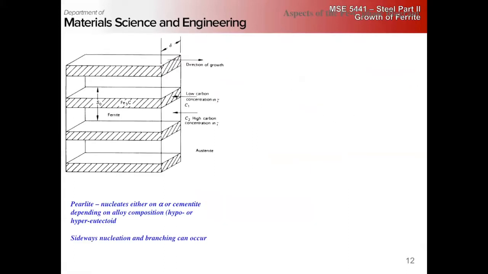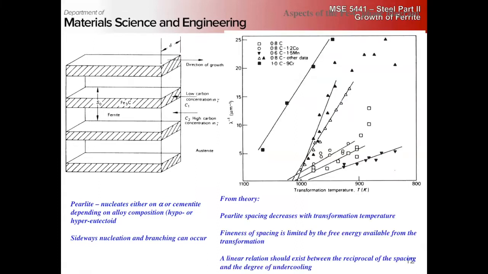Okay, so this is a confusing graph. And I apologize, but it's the only one I could find that details what I want to show here. It's really confusing because the temperature axis is backwards. So this is low temperature, this is high temperature, but it's not reciprocal temperature, right? And also, this is the reciprocal of the lamella spacing, right?